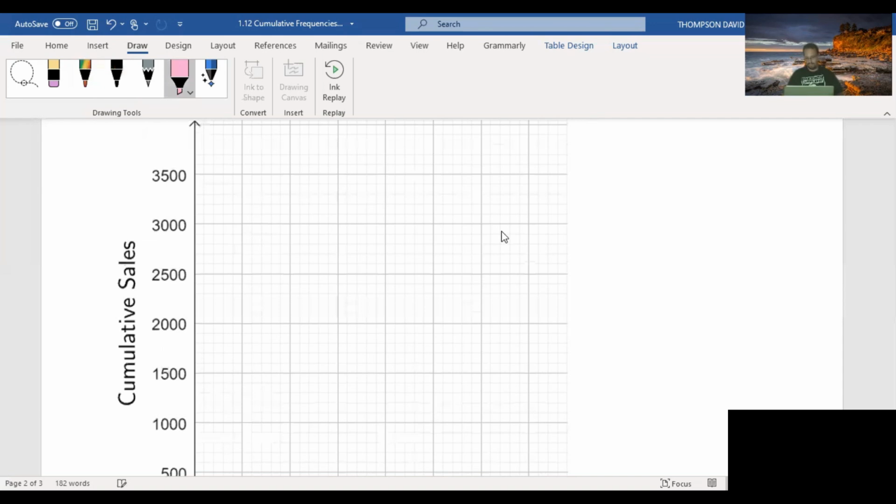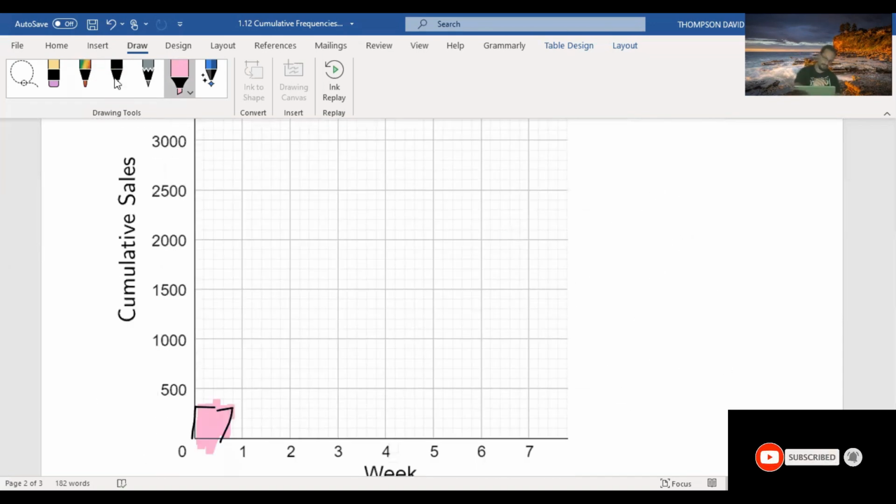And then for the next one, we go up to 727. So that will be in between the 500 and the 1,000. And just be careful not to make them touch, because this is a bar graph, not a histogram.